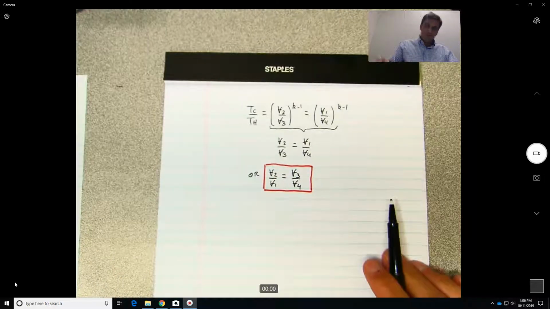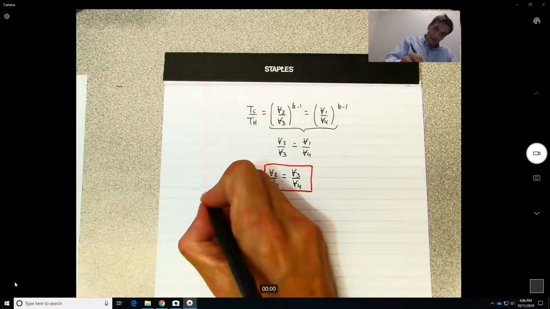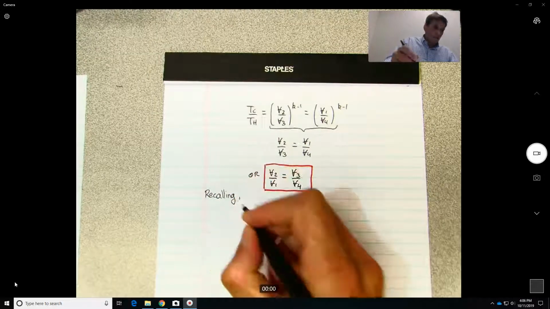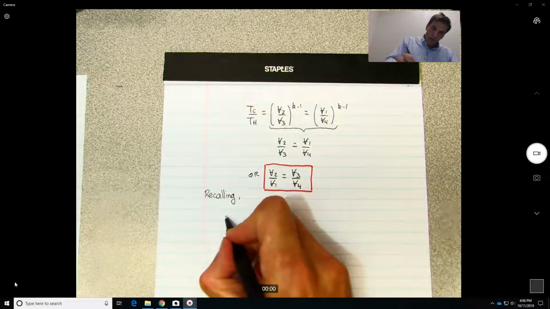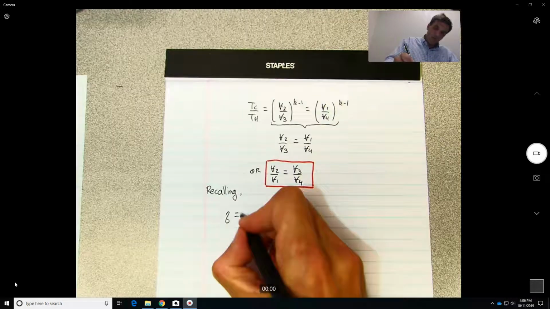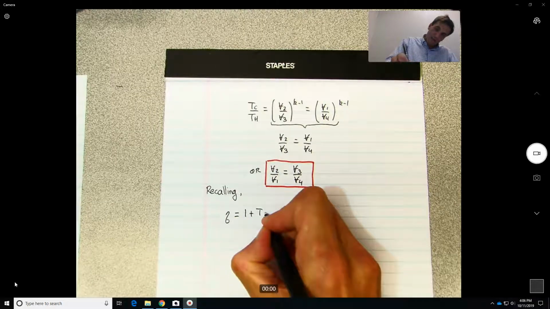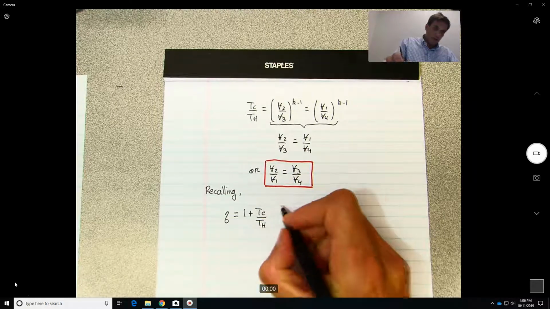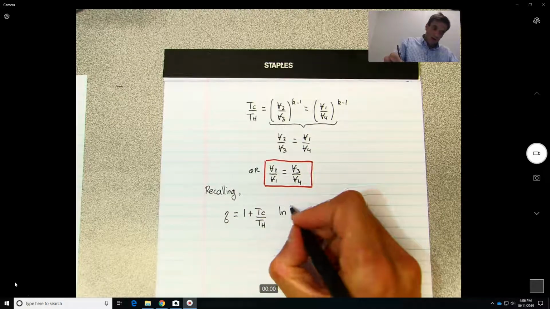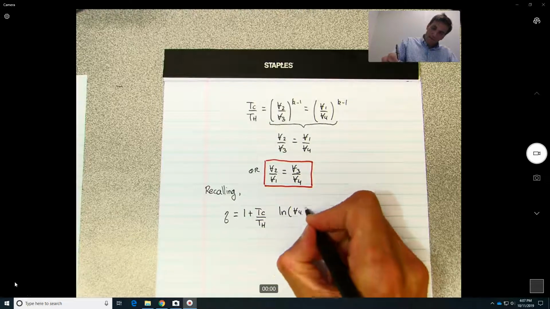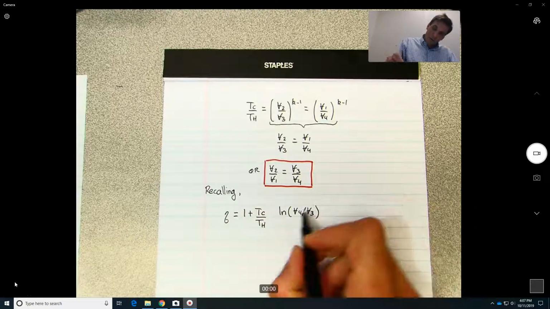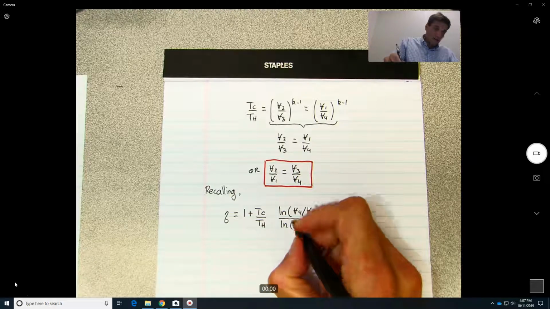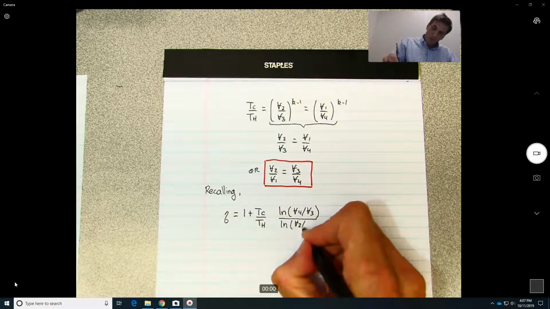Alright, so recalling the equation that we had over here, the efficiency equals 1 plus Tc over T hot times log V4 over V3 divided by log V2 over V1.